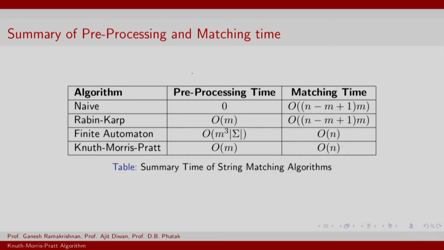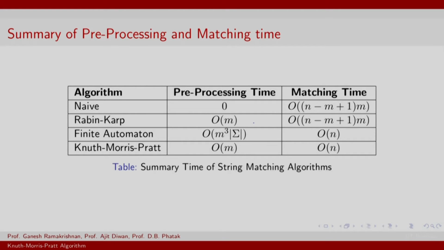So here we go. The naive algorithm had no pre-processing on the pattern but required a significant amount of time for matching the pattern on the text. It's order of (n minus m plus 1) times m. The Rabin-Karp algorithm incurred linear time in pre-processing the pattern.